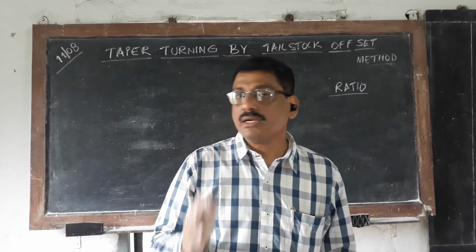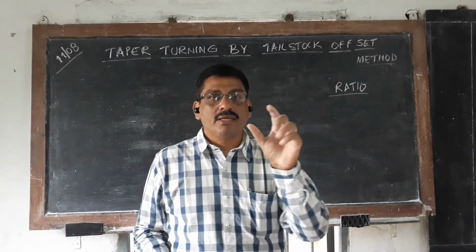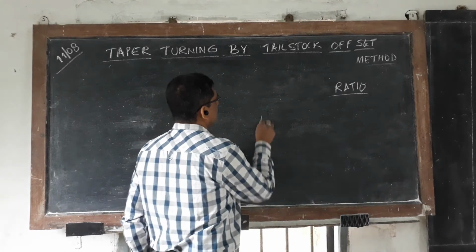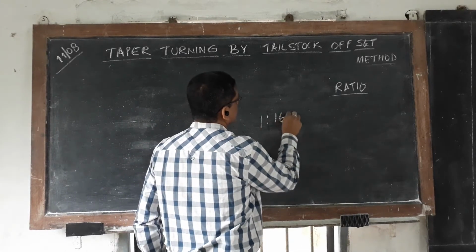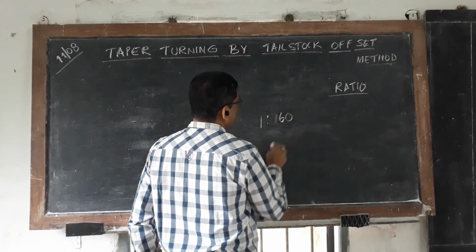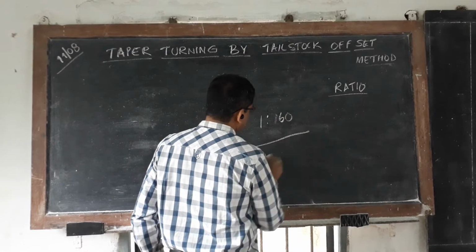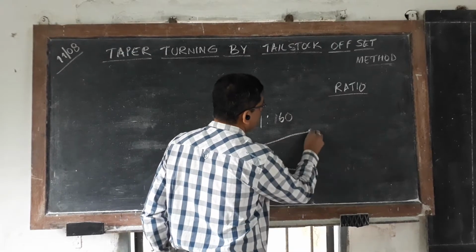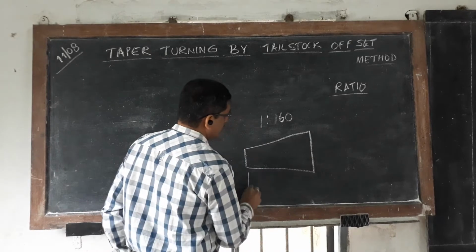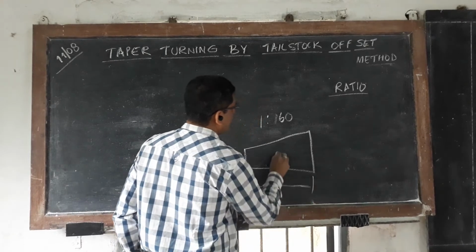So ratio means, suppose it is 1 in 60, 1 is to 60 means for 60 mm length there is a taper of 1 mm.